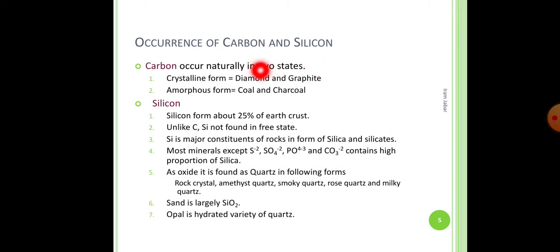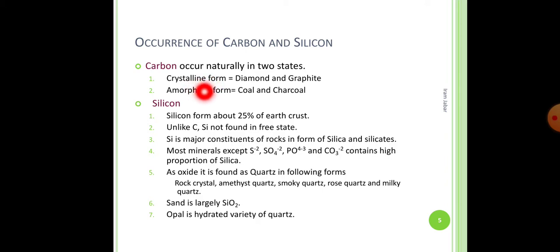Now we will discuss about occurrence of carbon and silicon. Carbon is an abundant element, and carbon exists in two forms, crystalline form and amorphous form. You already know these two terms. Crystalline form has regular arrangement of atoms, ions and molecules.